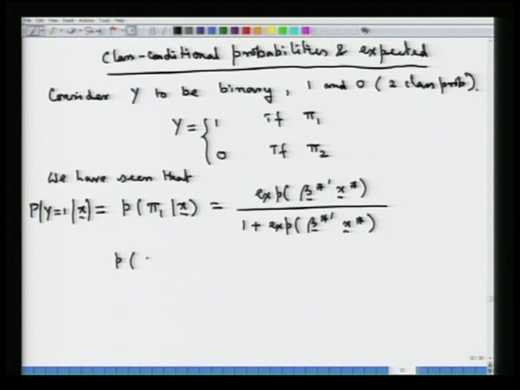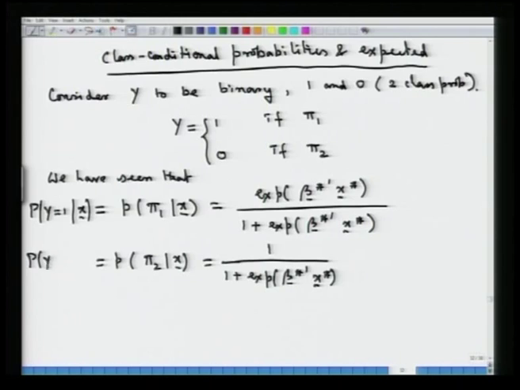And similarly, we have also seen that p pi 2 given x is equal to 1 upon the same denominator, that is 1 plus e to the power beta star prime x star. Now, what is this equal to? In terms of the binary variable, this is the probability that y is equal to 0 given x.